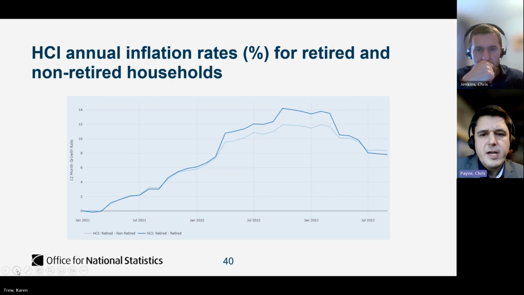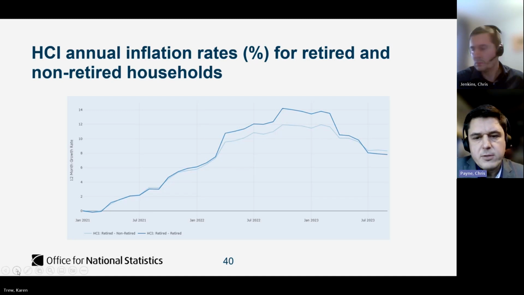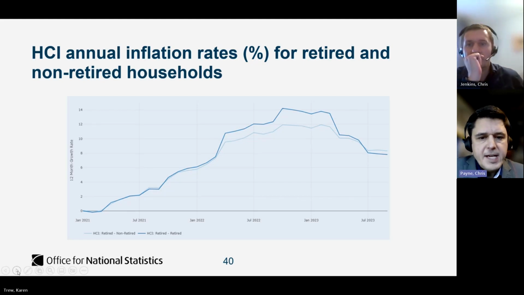So just starting at a high level, this shows the annual inflation rates for retired and non-retired households over the period from January 2021 to July 2023. We can see that the rates for both household groups peaked in October 2022, with retired households facing the higher rate of 14.2% compared with 11.9% for non-retired households.